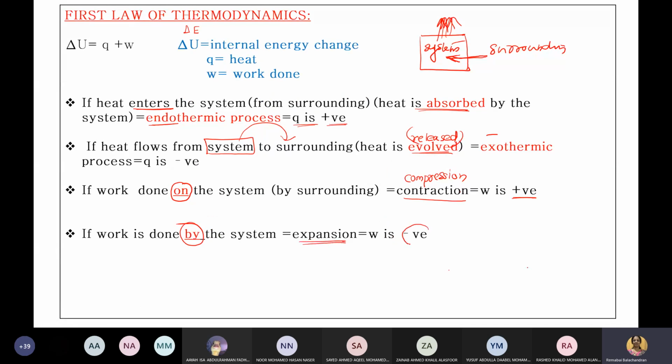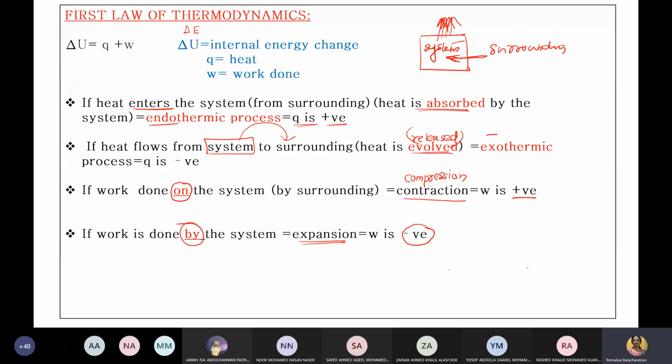W is negative. Just imagine, if I do work, I lose energy. So my final energy minus initial energy is negative or positive? Negative, because I'm losing my energy.